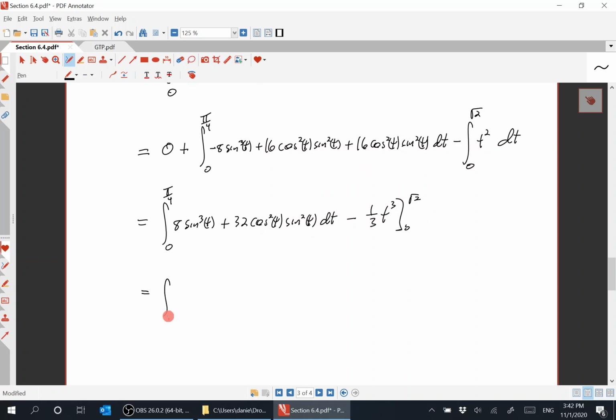So that's square root 8 over 3, minus 0.